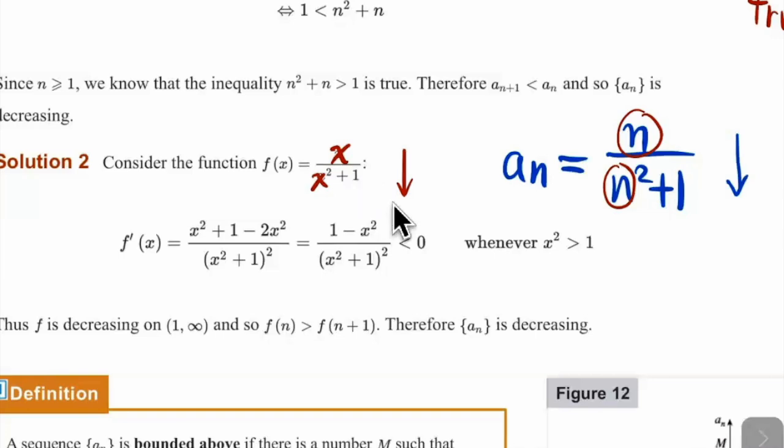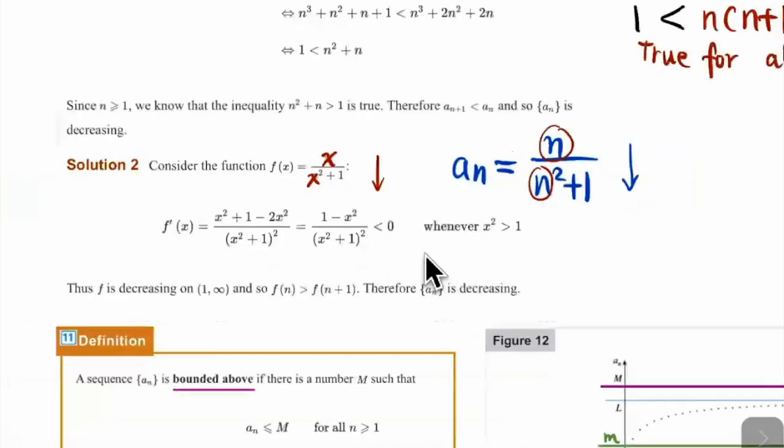To prove a function decreasing, you show the derivative is negative, right? You guys remember the increasing decreasing test? If the derivative is positive, then the function is what? Increasing.